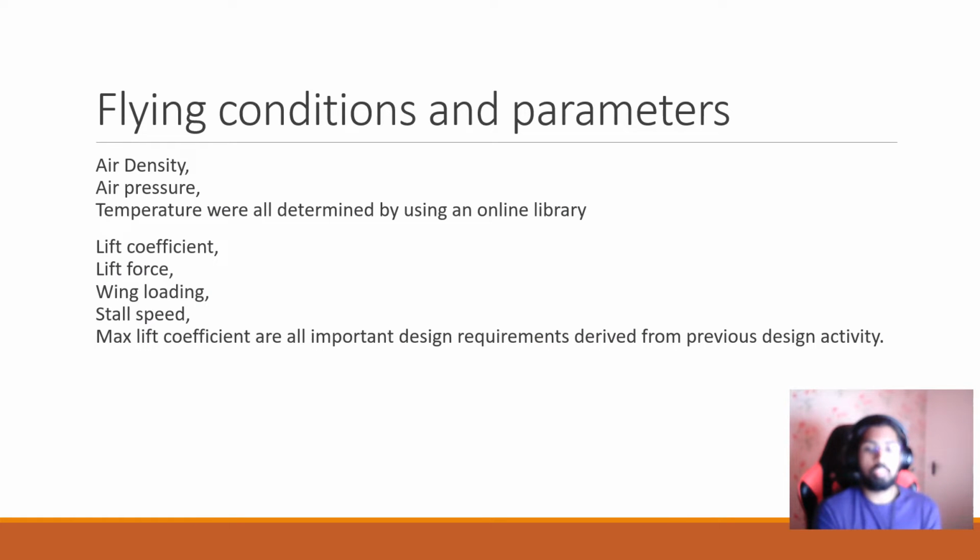Next, I had to determine more flying conditions and parameters. These were air density, air temperature, air pressure, lift coefficient, lift force, wing loading, stall speed, and max lift coefficient.